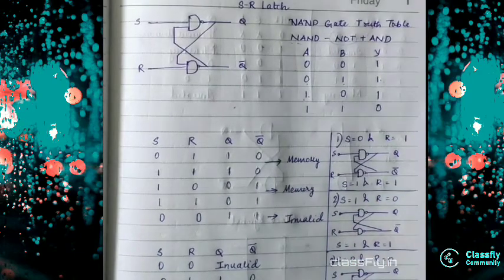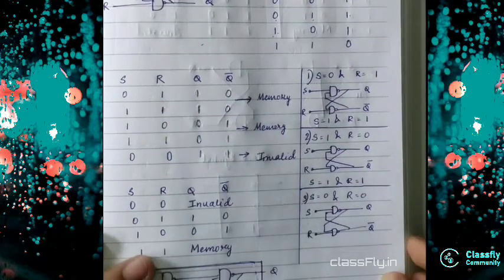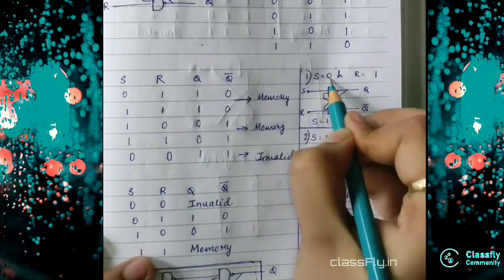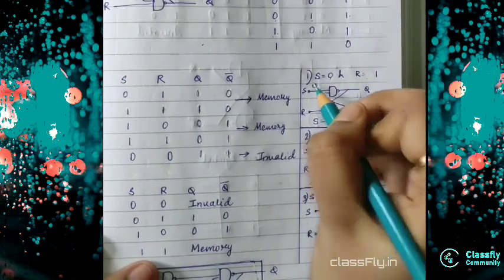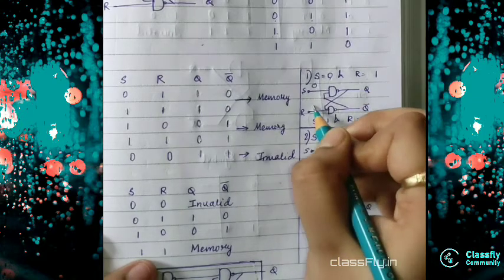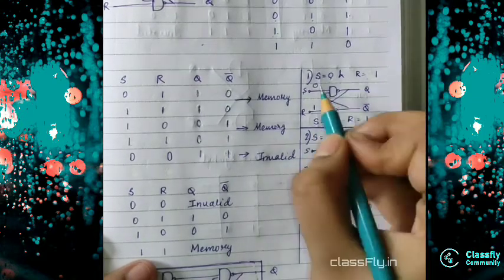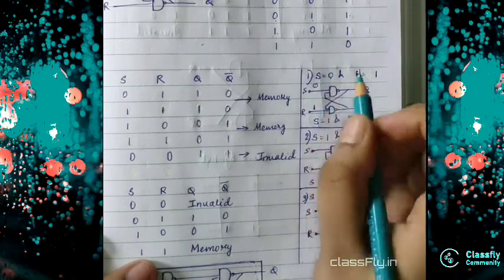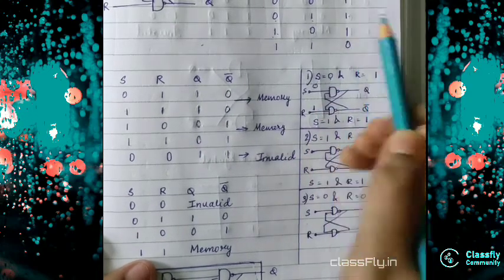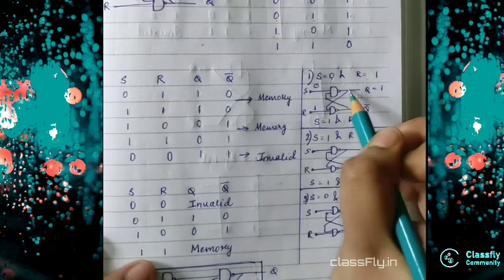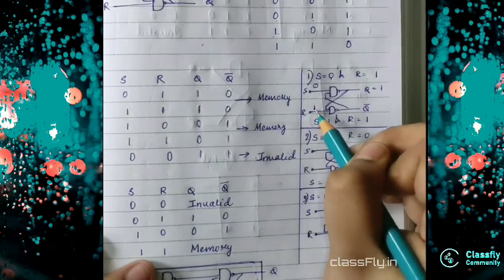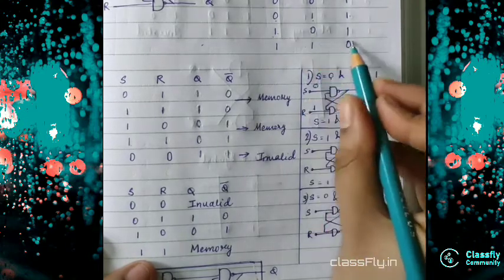Now see, there are 4 cases in this SR latch. The first case is S equal to 0 and R equal to 1. We know that 0, 1 gives us 1, so my output will be 1, and this output will come to this NAND gate, and 1 and 1 we get 0.